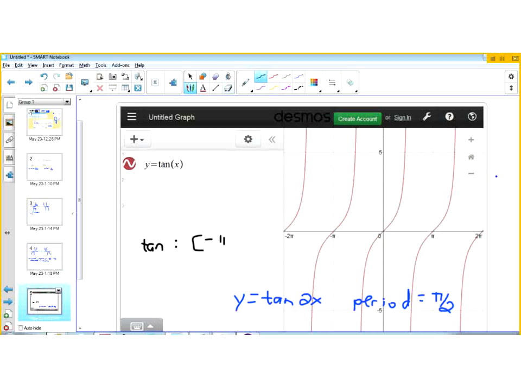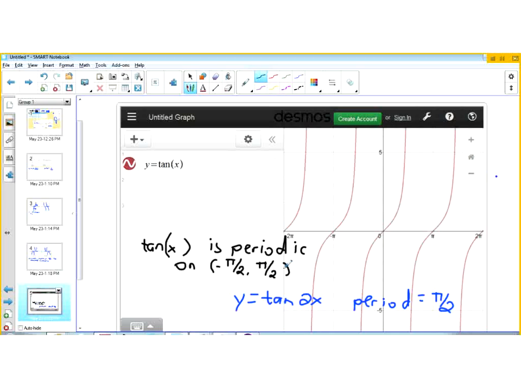Oops, I shouldn't use a closed bracket. It's an open bracket, right? Because it's not defined at pi halves. So the tangent function is periodic on the open interval negative pi halves to pi halves.